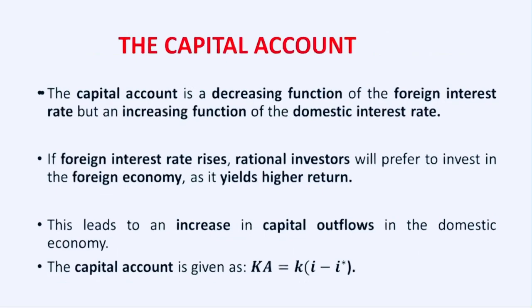If the domestic interest rate has not risen, but the foreign interest rate has risen more, people will switch from investing in the domestic currency, country, to investing in foreign currency. So even domestic citizens will now take their money out of the country to another country. So it leads to capital outflows because they believe they will earn more from that. So the capital account is simply given as KA equals k, which is the degree of sensitivity, times the difference between the domestic and foreign interest rate, where i is domestic and i star is foreign.